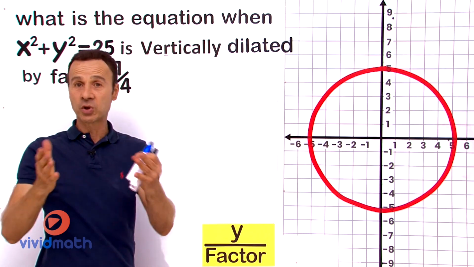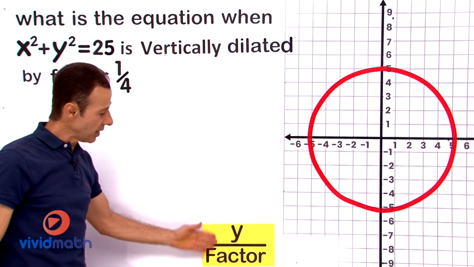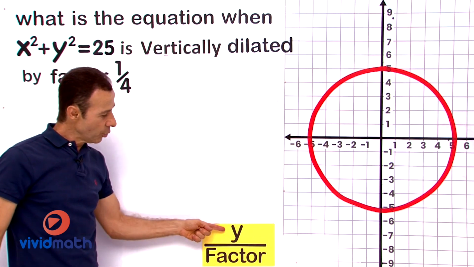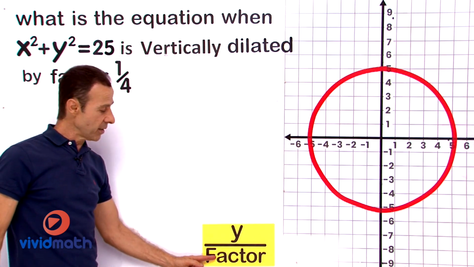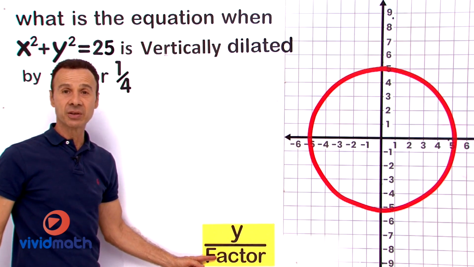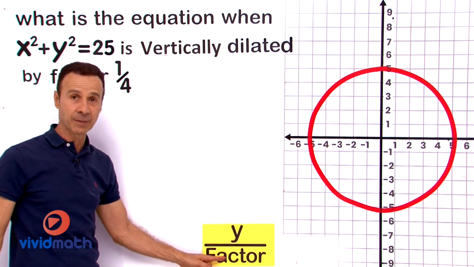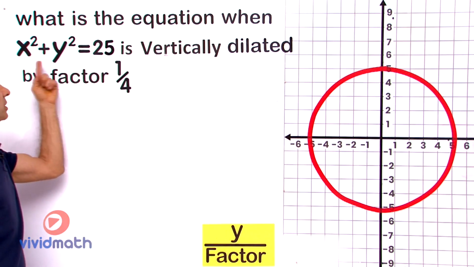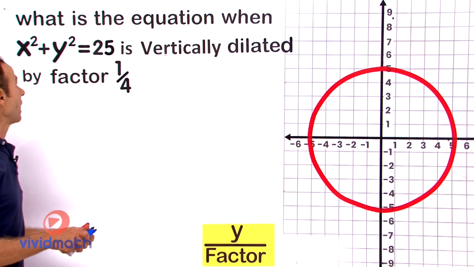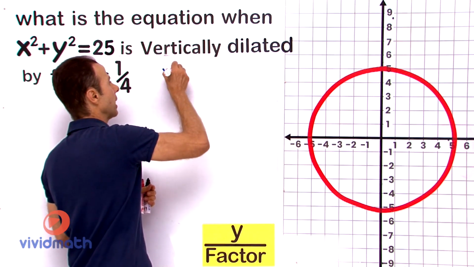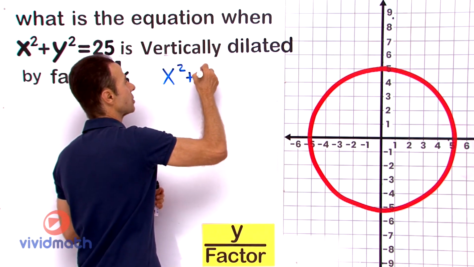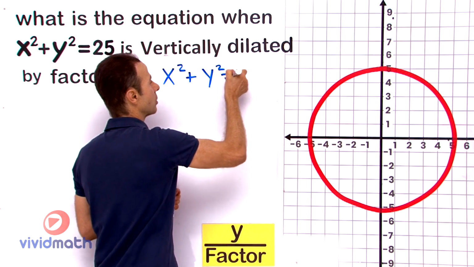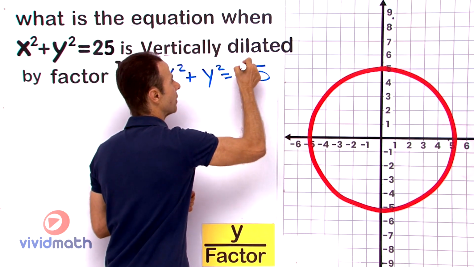And the formula or the trick we're going to use is this formula right here. We've got y as the numerator and the vertical scale factor as the denominator. So it's y over the factor. Now we're going to use that only for the y component of this particular circle. So let me just write it all out again. So the circle is x squared plus y squared equals 25.